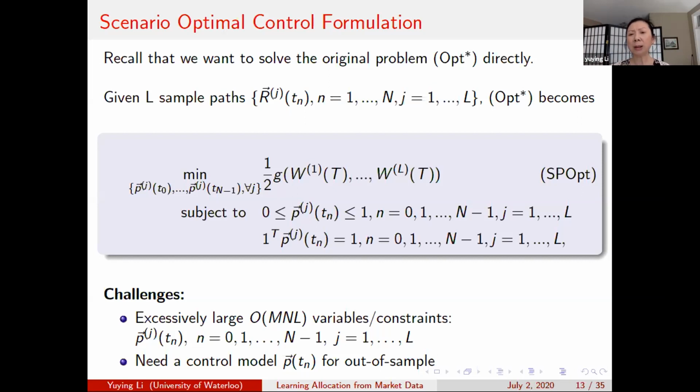So we want to see if we can solve the original optimal control problem directly in a single optimization. Suppose I already have many market scenarios from my block resampling, let's say L, or 10,000 or 100,000 return scenarios, corresponding to my original optimal allocation problem.